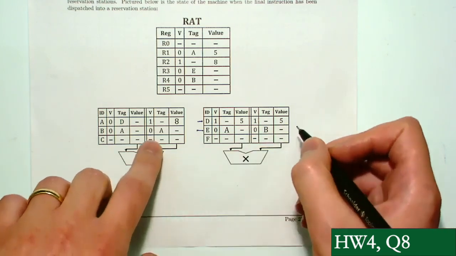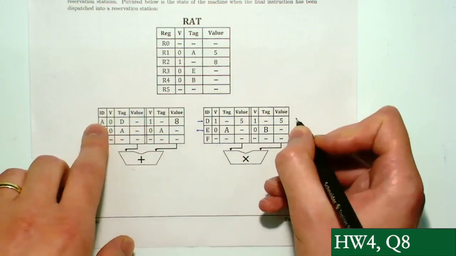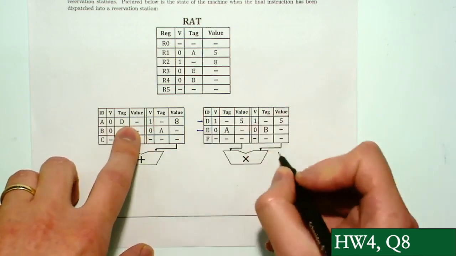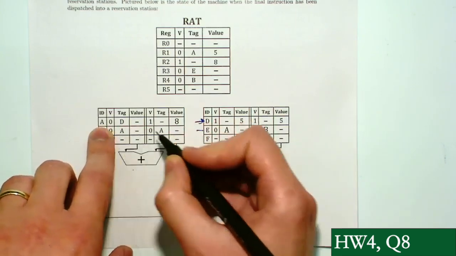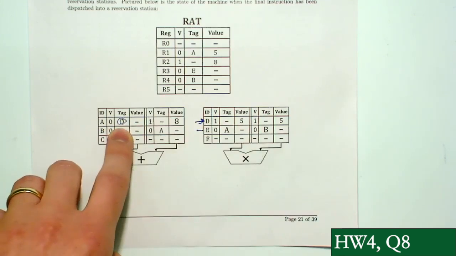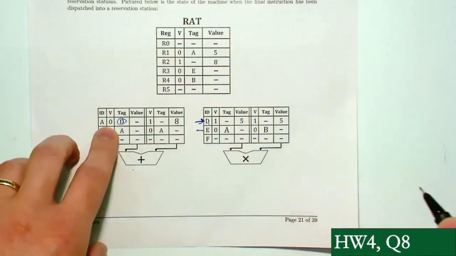So we have to start by looking at the first entries in the 2 reservation stations. We can easily tell that this instruction over here, the multiplication, comes first before this instruction over here, because this is dependent on the multiplication, right? The D tag is here as a source operand to this addition instruction.